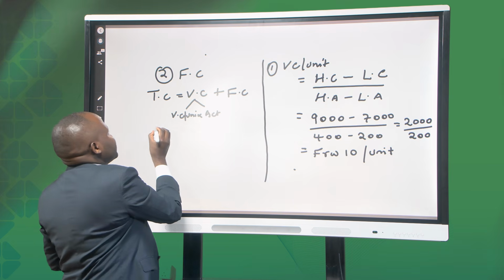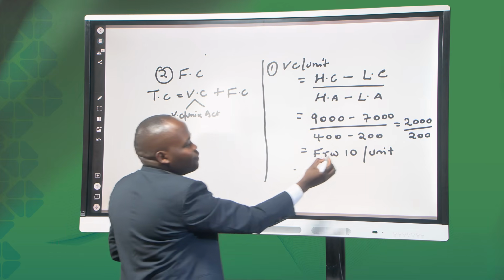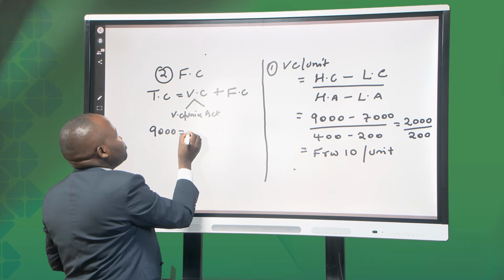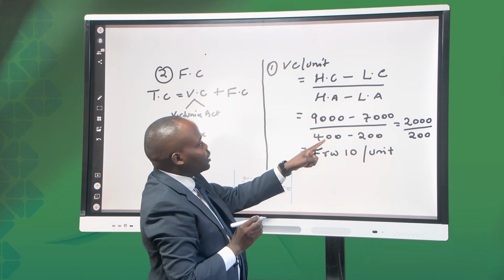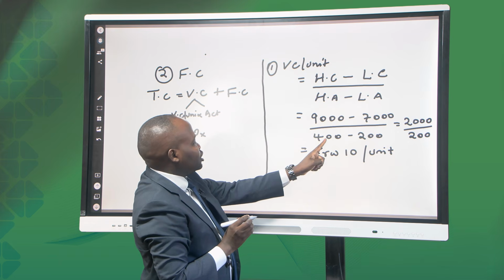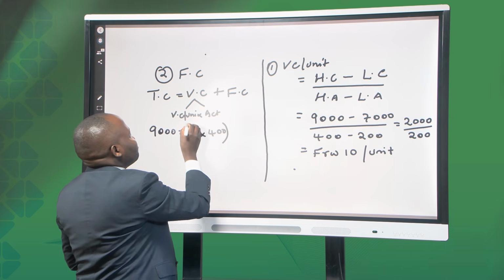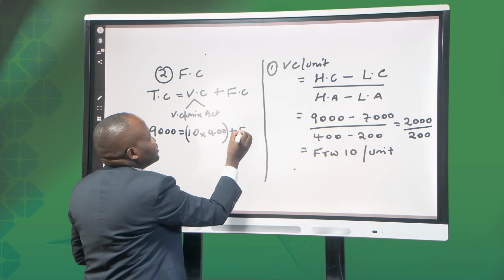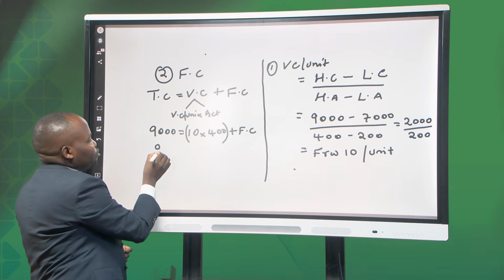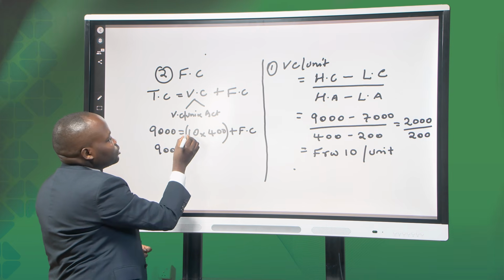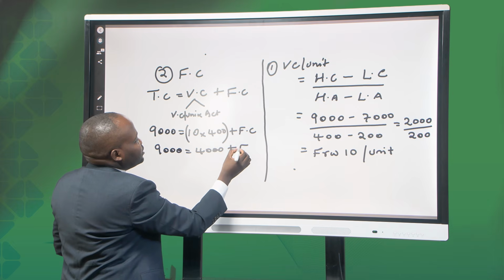If the total cost is 9,000, it is equal to, our variable cost per unit does not change, it will be 10 times our activity, which is 400, plus fixed cost. Remember, we want to get the fixed cost. So this will be 9,000 is equal to 10 times 400, which is 4,000, plus fixed cost.